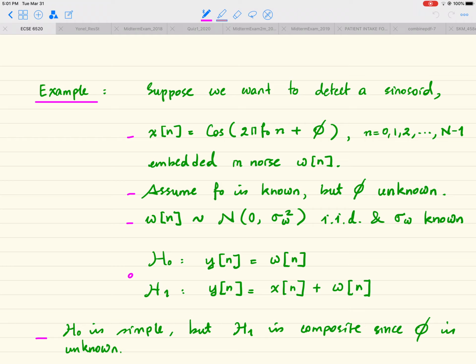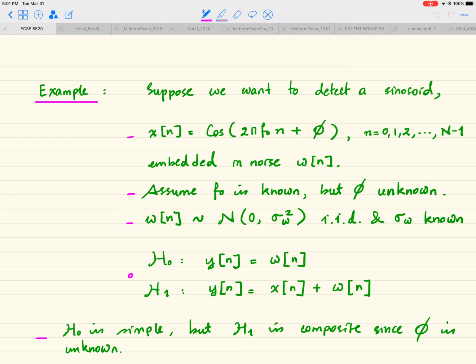Then we can formulate the detection problem as signal absent, signal present. In other words, the measured signal is simply noise if there is no sinusoid. And if the sinusoid is present, then the measured signal is the sinusoid plus noise.